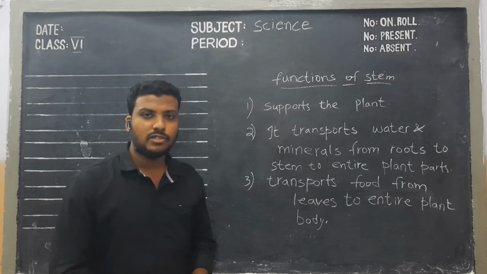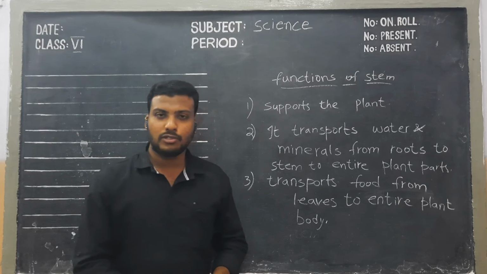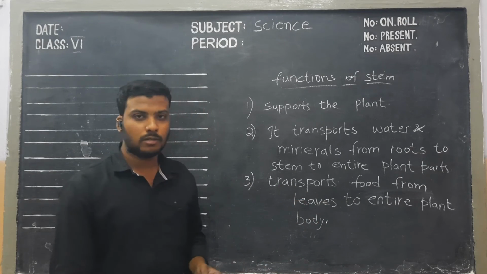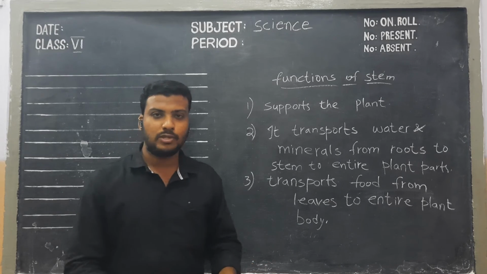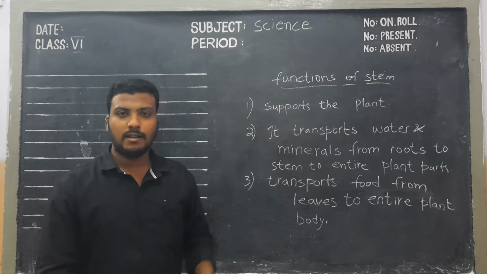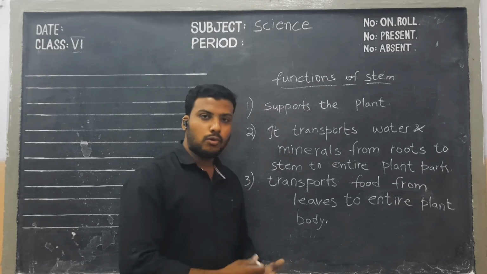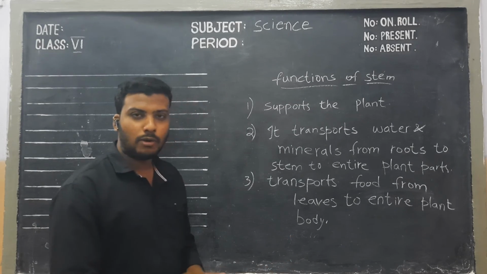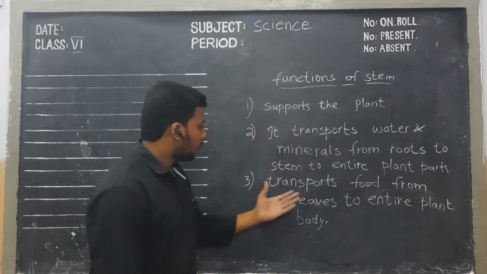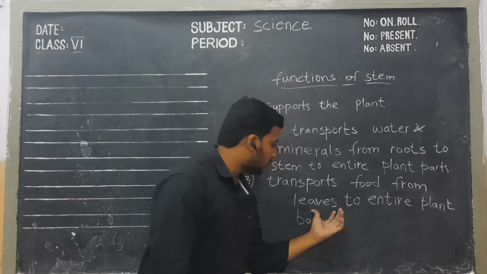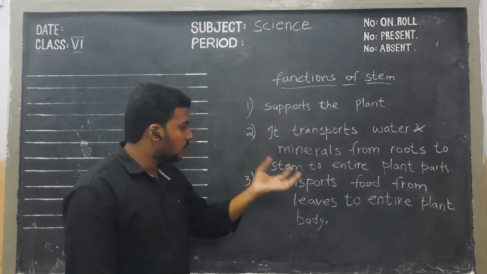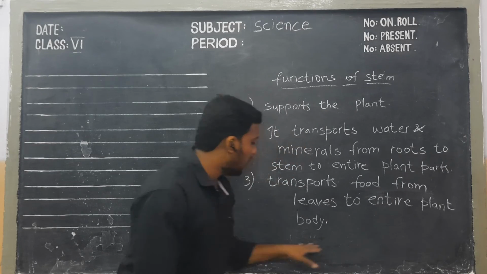It produces it by the process of photosynthesis. The leaves are the producers of food. Food means not the food which we eat, but glucose. The food of the entire plant is glucose. The excess glucose can be converted into other sugars. That's why you are getting fruits and vegetables. So it transports food from the leaves, the producer, to the entire plant body.